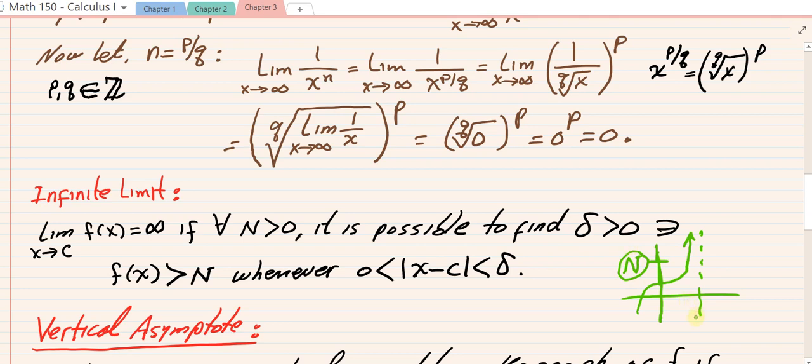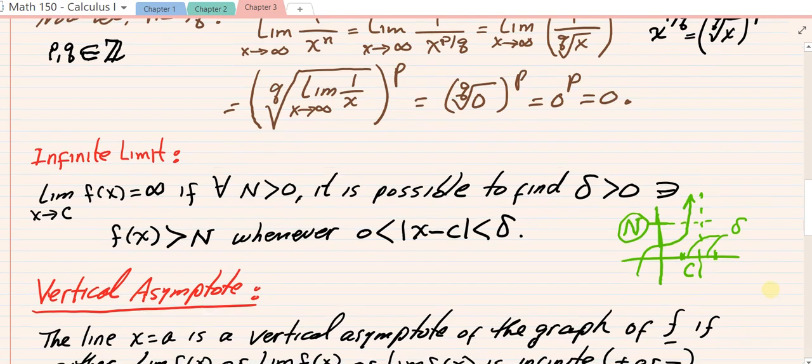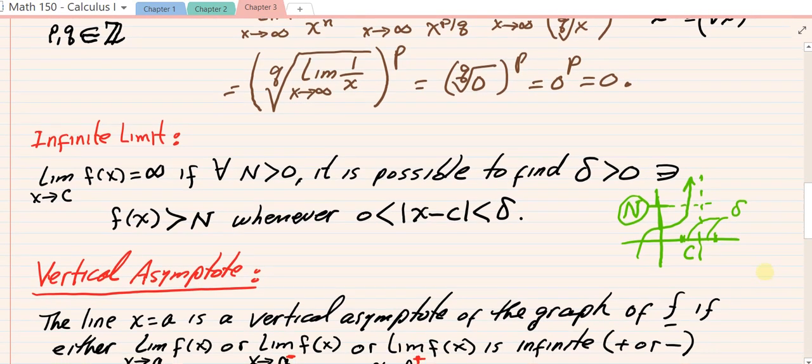And this is c, this is where c is, and of course we are within delta, in the case of equal distance on either side of c. So that's the drawing for this one. The function exceeds that large number n. That's what we mean by the limit being infinity. So remember, that means the function gets extremely large, or extremely small if you look at x to negative infinity.